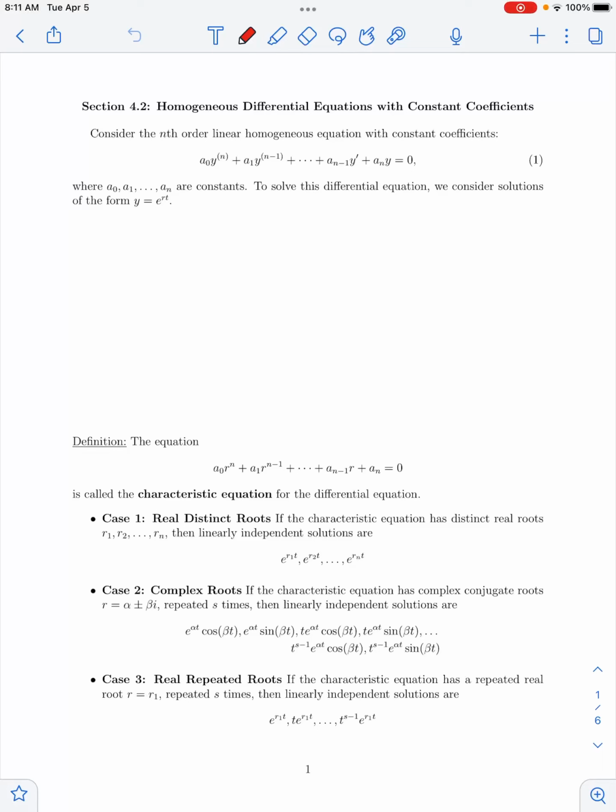Okay, in this lecture we're going to cover our section 4.2 material on homogeneous differential equations with constant coefficients.